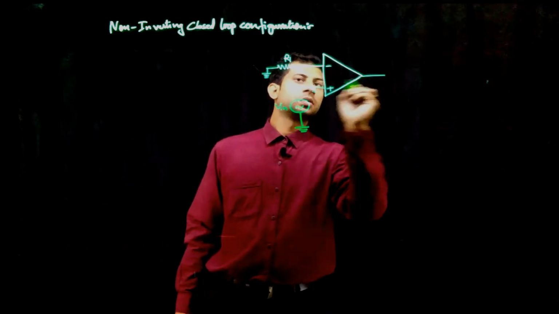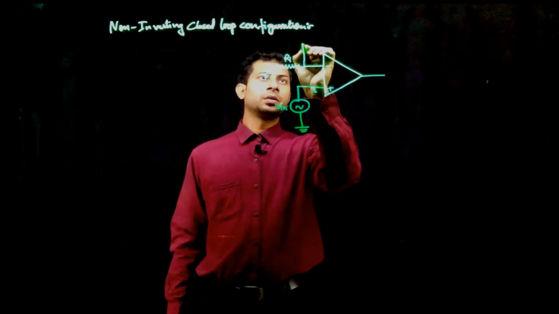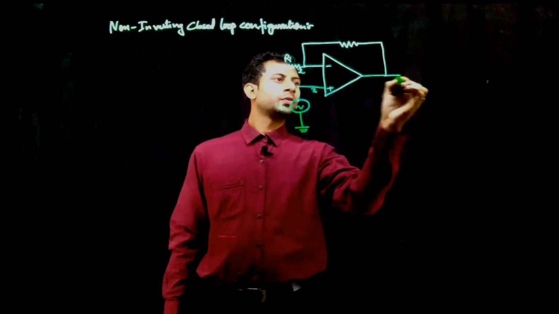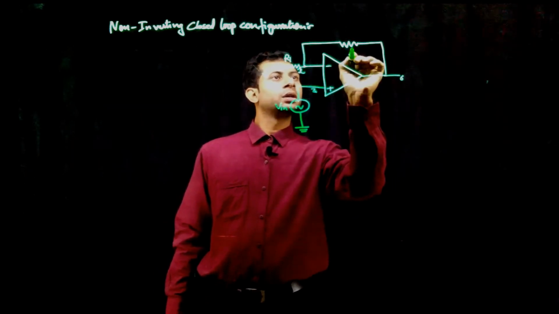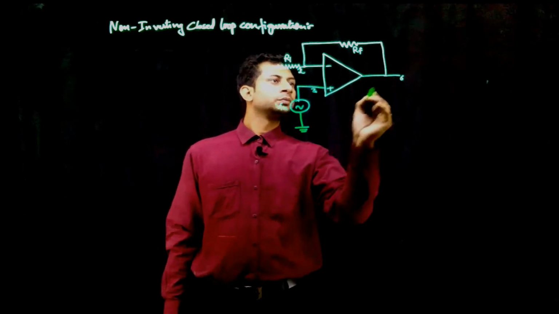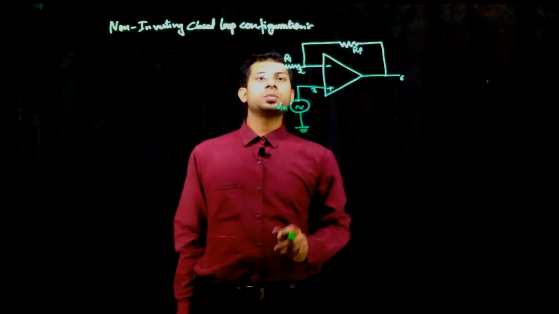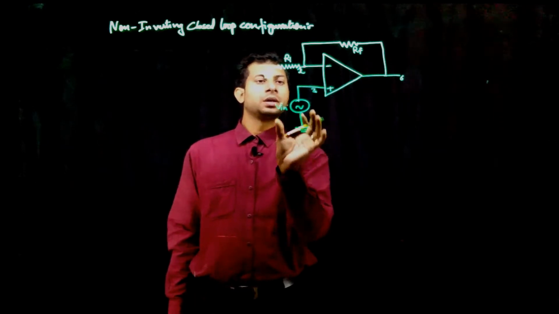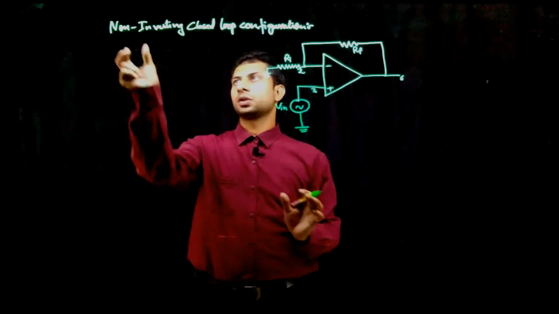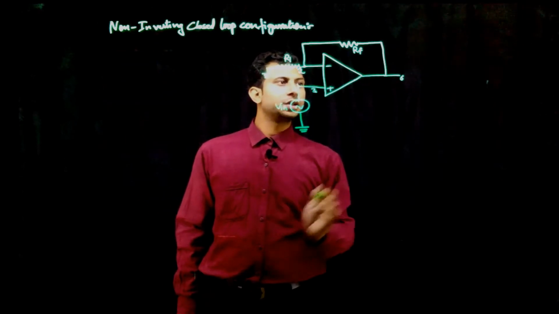And we have again a feedback network which is made from the resistance RF and R1, and this is making closed loop. And because of giving this input voltage to the non-inverting terminal, this configuration is known as non-inverting configuration.